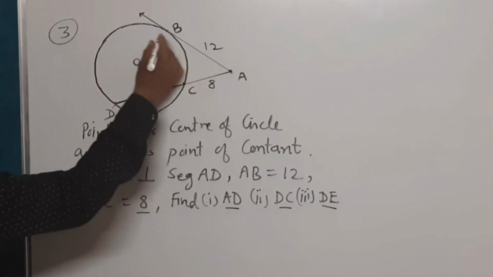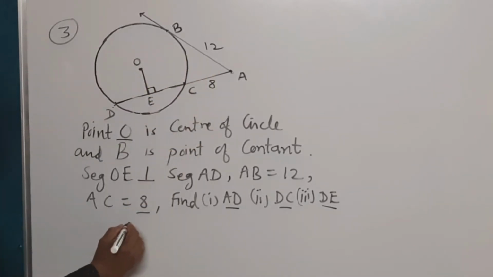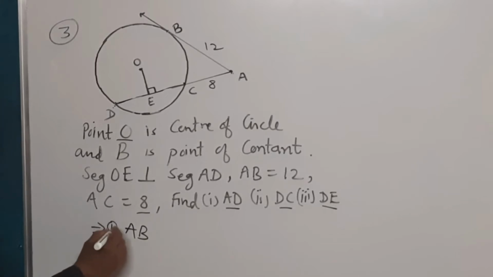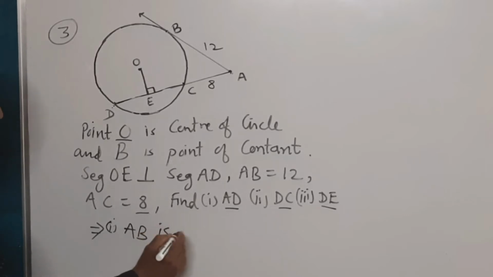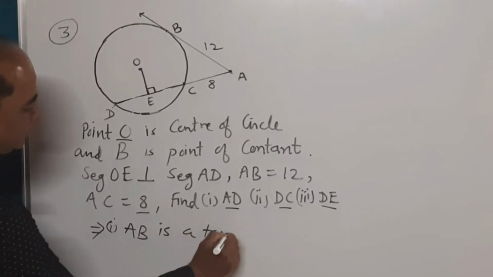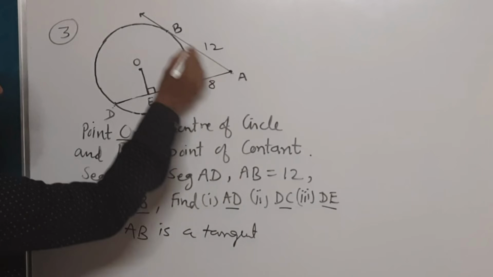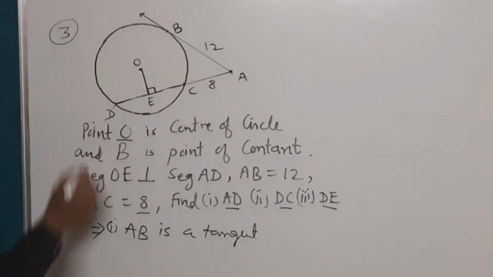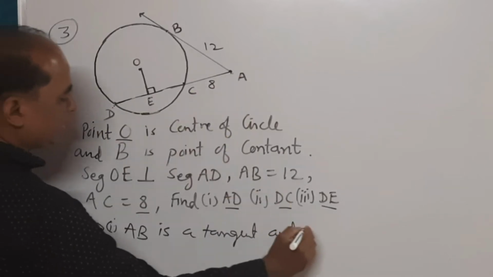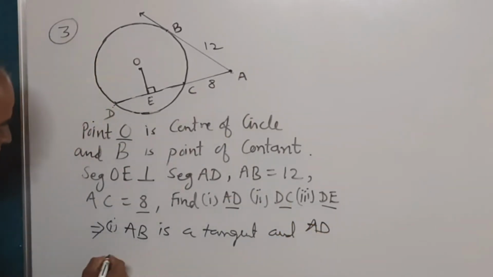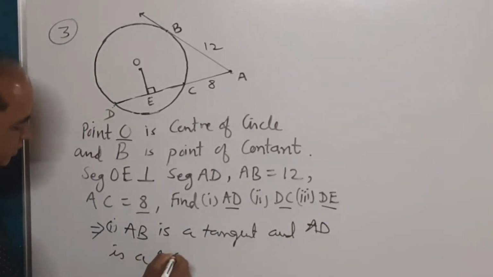Now in the given figure, segment AB is a tangent which intersects the circle in one and only one point, and AD is a secant.